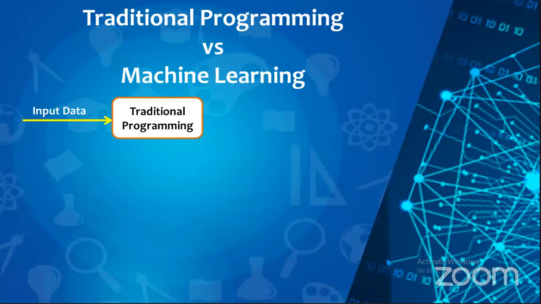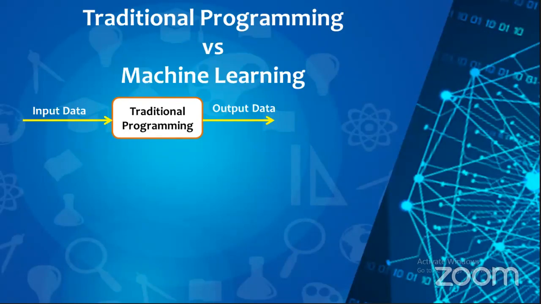That input data is executed based on whatever logic a programmer implemented. Based on that logic, whatever input data you provide, it executes and provides output data. That's it. That is exactly what a traditional program can do.